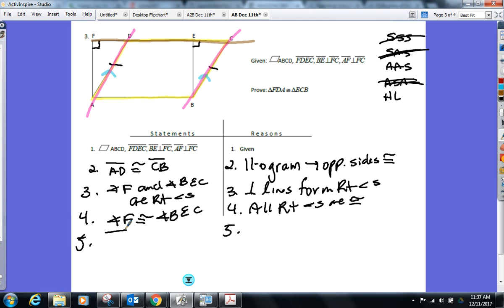If you do go the corresponding or the alternate interior route, tell me which lines are parallel first. You can't say they're congruent until you tell me what lines are parallel. I'm going to go with my corresponding one, AD parallel to CB. Parallelogram implies opposite sides parallel.